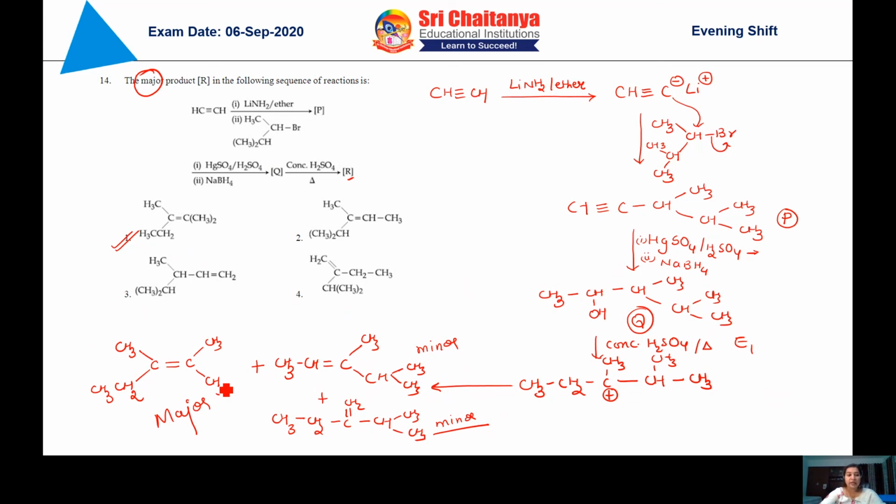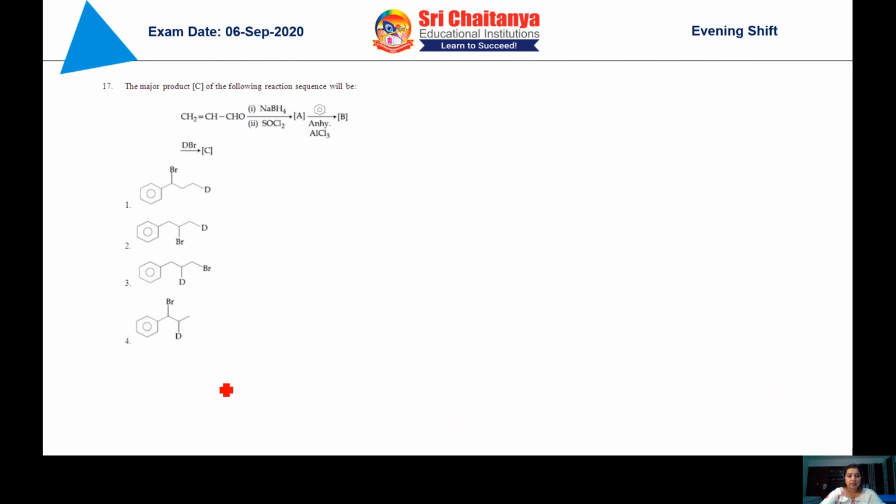Solution. Okay, next our question is number 17. Let us go to that. Again, the question says the major product C of the following reaction sequence will be. Let us start. CH2=CH-CHO is made to react with NaBH4. No effect of conjugation, no effect on the double bond.